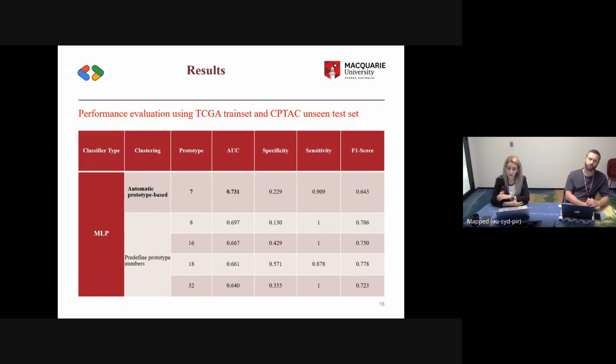In terms of the unseen data set, you can see that using optimal prototypes still improves the classification performance, and it shows the generalization ability of this method.